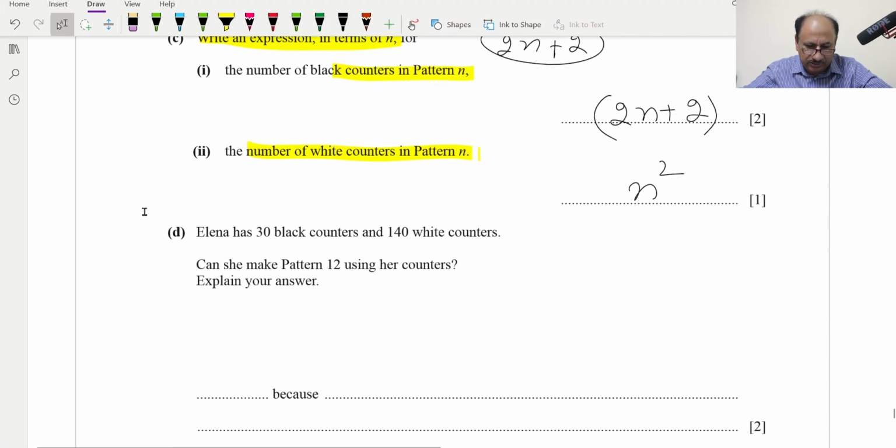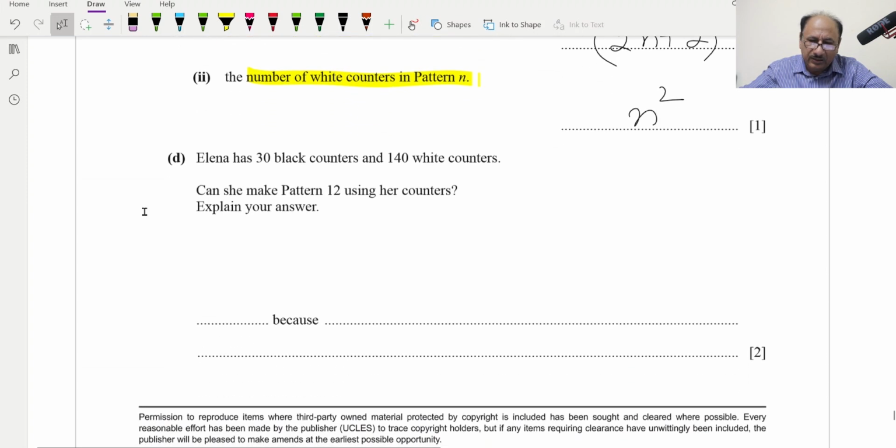And part D is saying Elena has 30 black counters and 140 white counters. This is an interesting question. Only 2 marks, but it is interesting. Can she make pattern number 12 using her counters? Explain your answer.